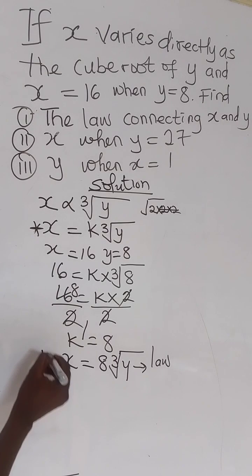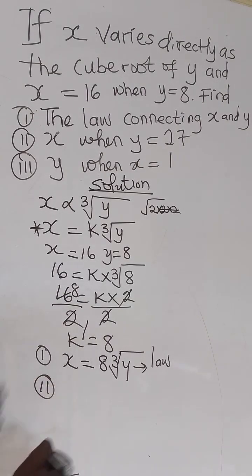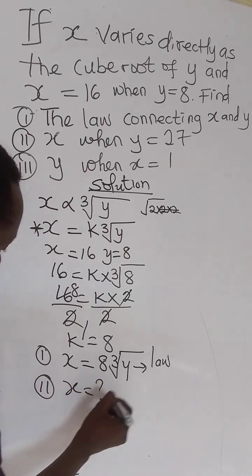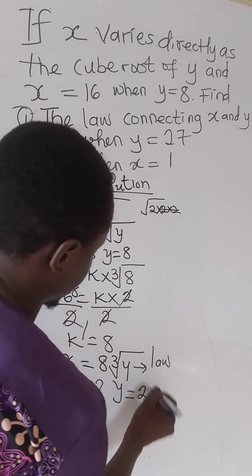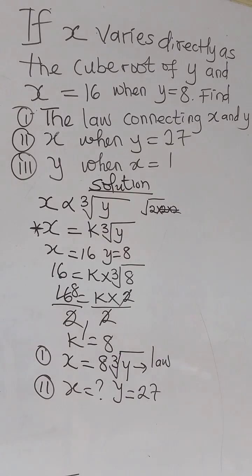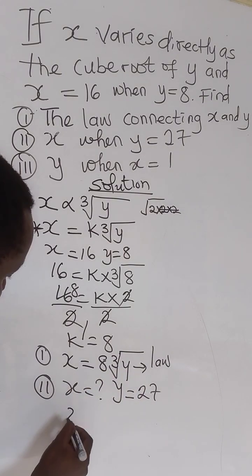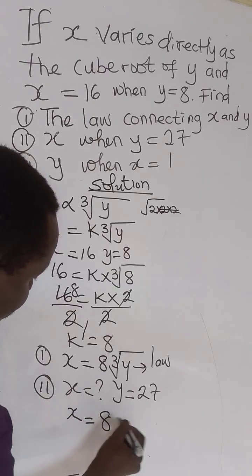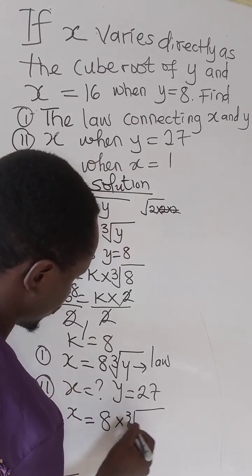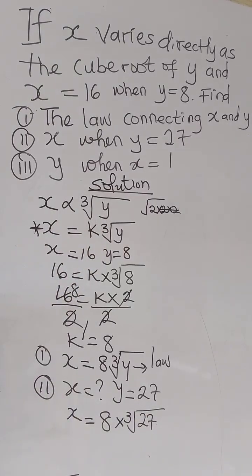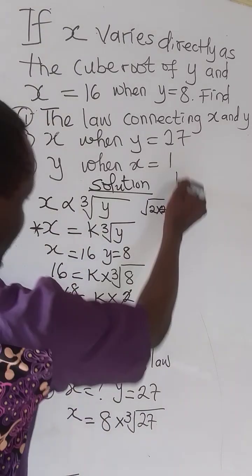Then from here, this is question 1. Question 2 says you find x when y equals 27. So that means that from our law, anywhere you see y, you put 27. You now have x equals 8 times the cube root of 27. So what does that mean again?